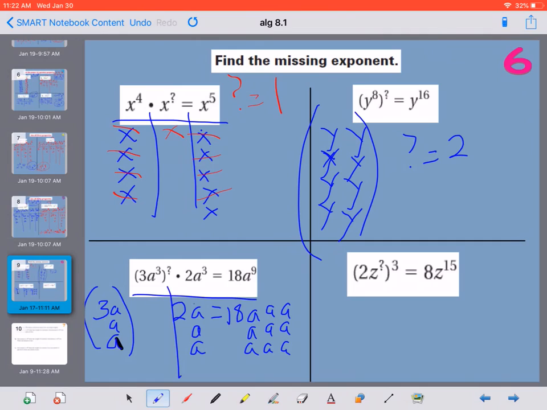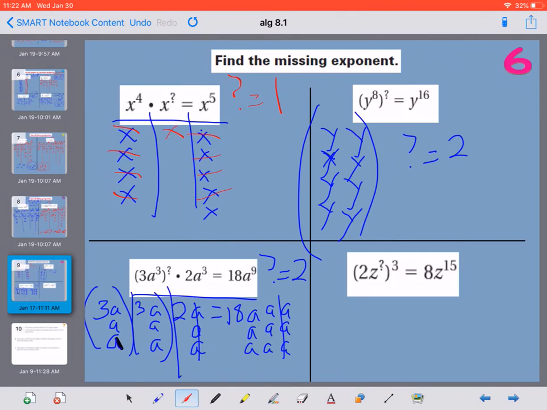Well, I know that I can get rid of these 3 a's and get rid of those 3 a's because that cancels out. Now, I'm left with 6 a's, so I need 1, 2, 3, and then 3 more a's. So that would give me all my a's, but then if I multiplied and made another group of these, I would have to put a 3 there. So 3 times 3, that's 9, times 2 is 18. That works. So my question mark here is 2.